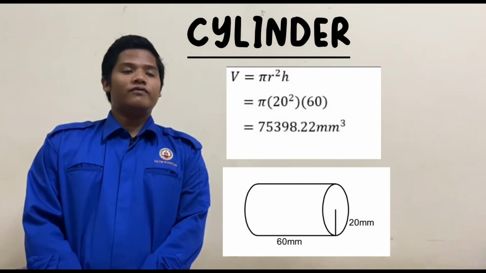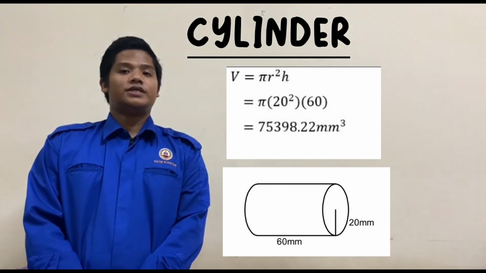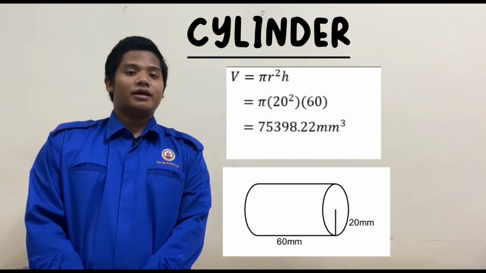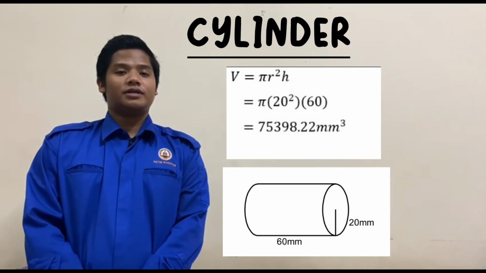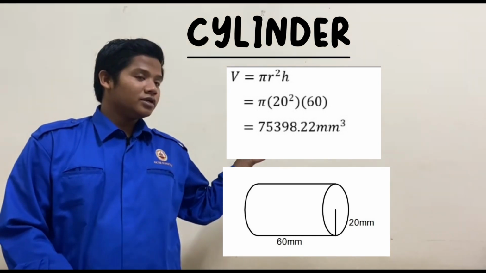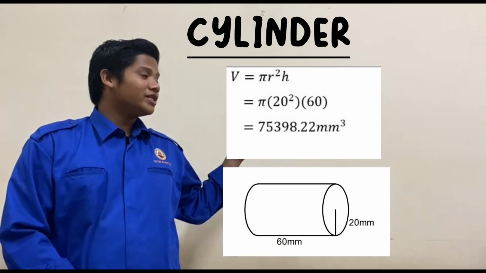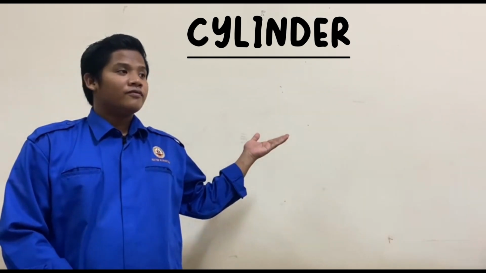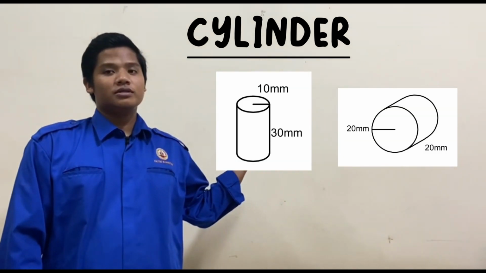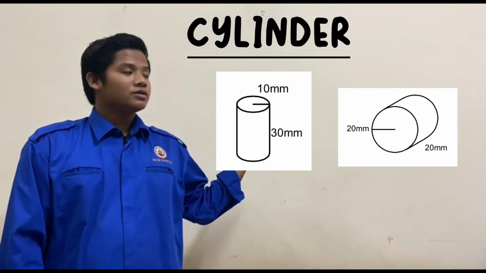The rest of the toy is cylinder. The formula for volume of a cylinder is pi r square h. R is 20 millimeters and the height is 60 millimeters. Substitute all the values into the formula and you will get the answer for cylinder 1. For the next cylinders 2 and 3, we use the same formula for cylinder.